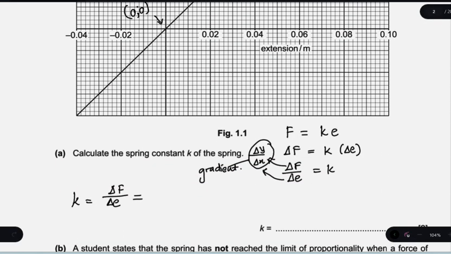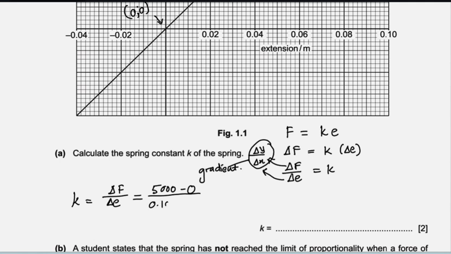So this is simply equal to 5,000 minus 0 over 0.10 minus 0. What do we get from here? This is simply 5,000 divided by 0.10. I'm getting 50,000 newtons per meter.